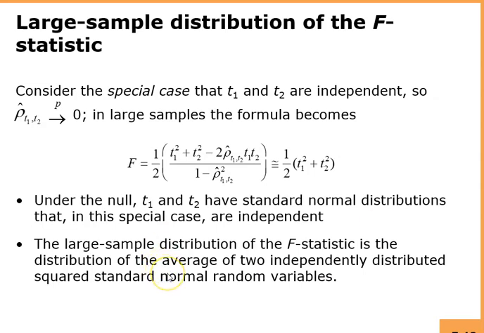So in a large sample, the distribution of the F-statistic basically becomes the distribution of the average of 2 independently distributed squared standard normal random variables. This is what the F-stat calculation boils down to in the case of larger samples when the correlation approaches 0.